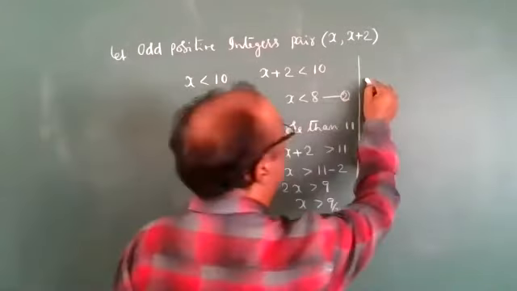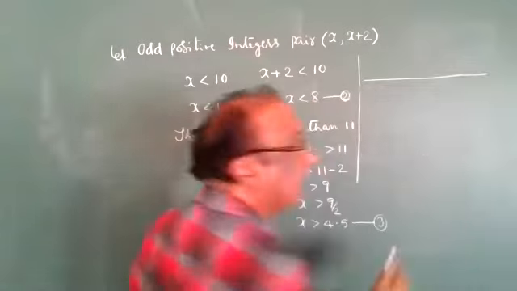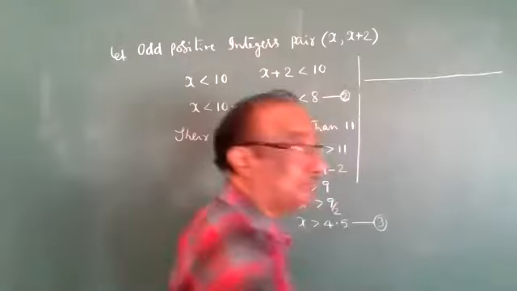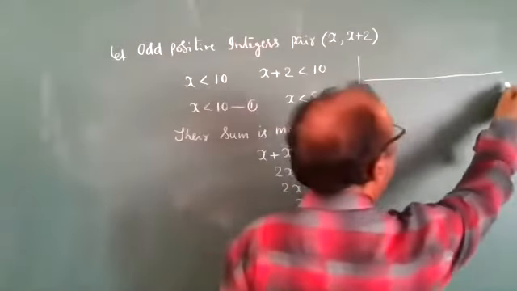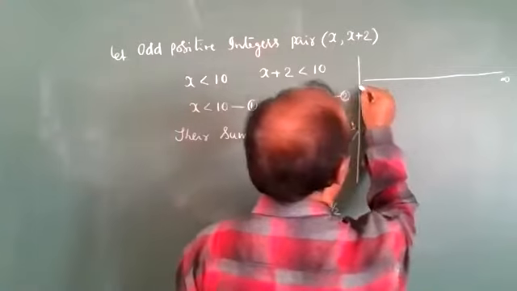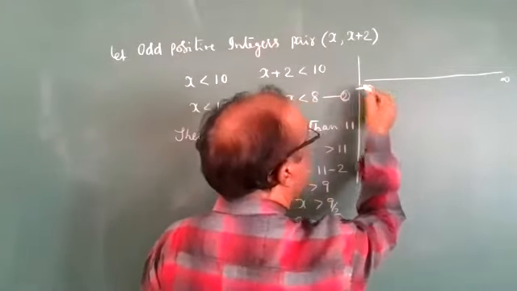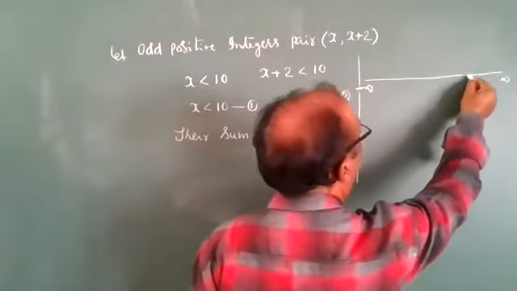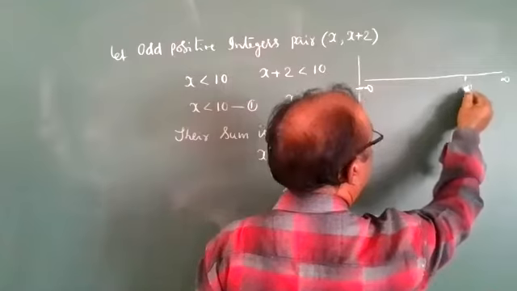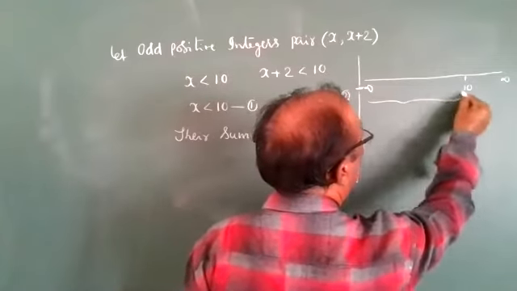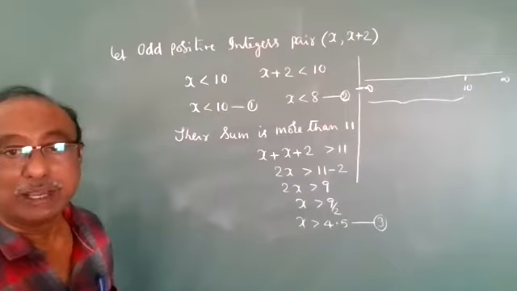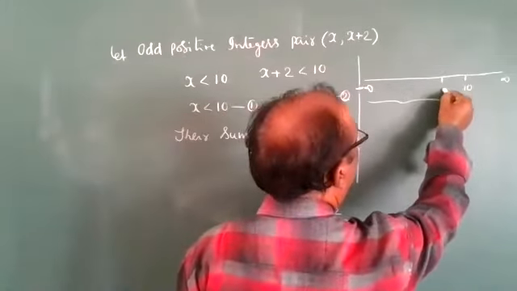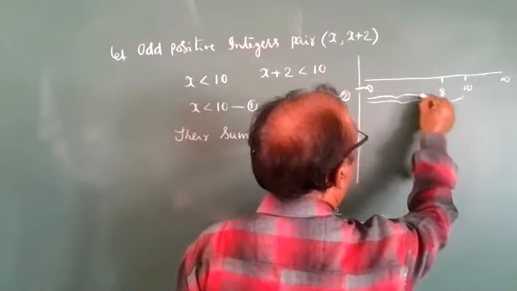First, draw the line, from minus infinity to infinity. x less than 10: from 10, decreasing, it reaches minus infinity. x less than 8: from 8, decreasing.